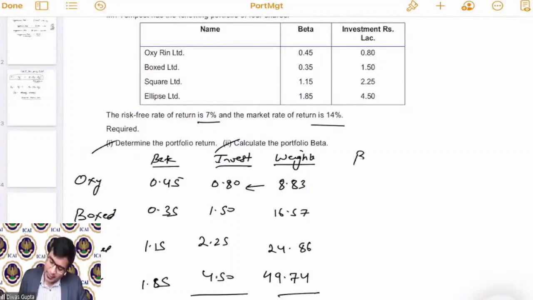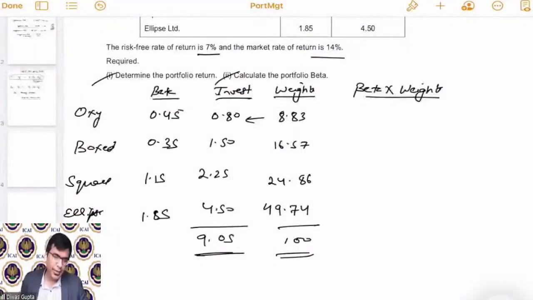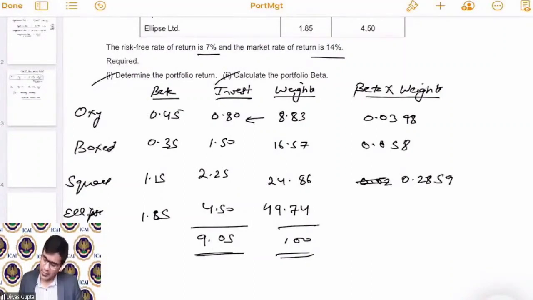Now beta into weights, which gives the portfolio beta, comes out as 0.0398, 0.058, 0.2859, and the last one comes as 0.9202.